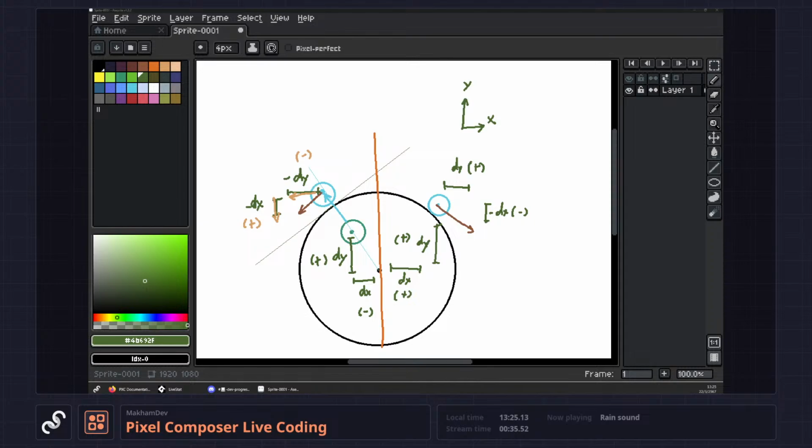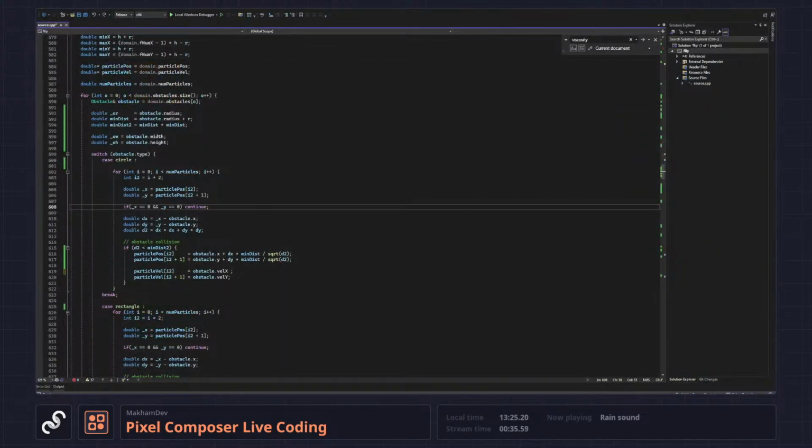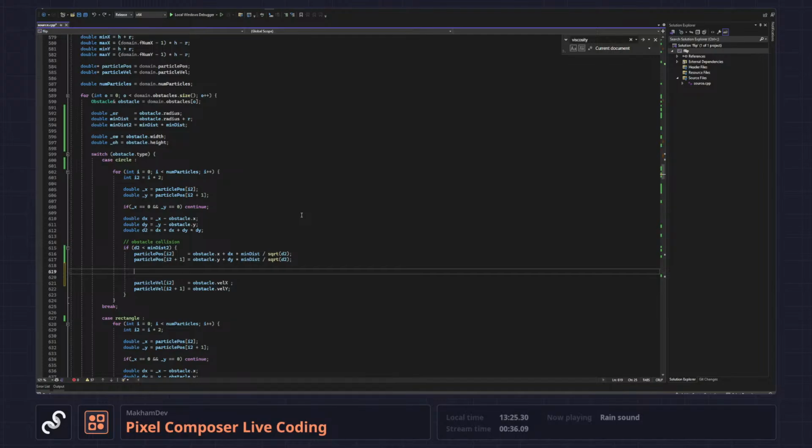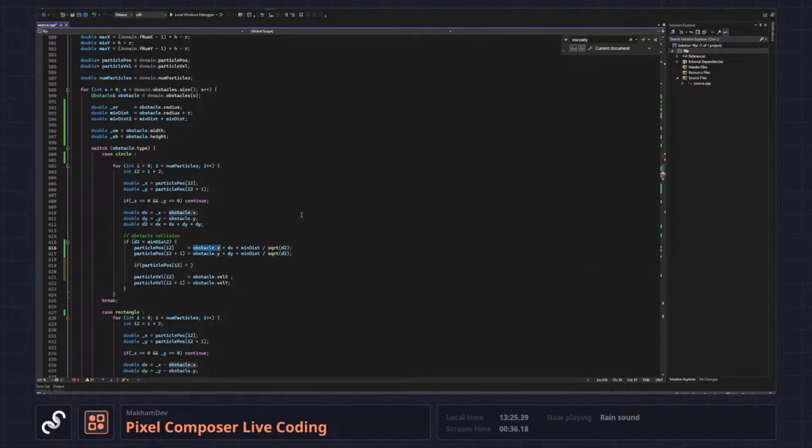Anyway, so what we have to do now is, we already got the dx, dy, right? So we only have to check if particle position x is less than obstacle x.